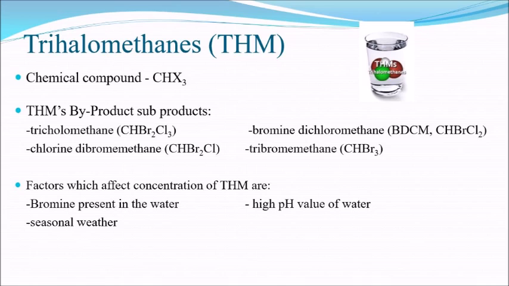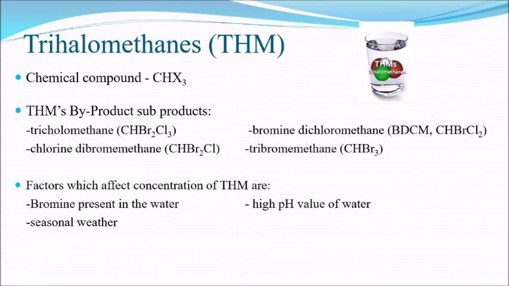These substances are formed during the reaction between the organic matter in the water and chlorine. The byproduct's concentration is usually higher when bromine is present in the water, at higher pH values of the water, and with seasonal weather, especially during summer due to the increase in temperature, which increases the organic matter content in the water, thus increasing the concentration of THM.